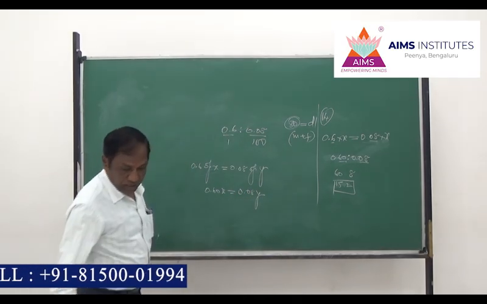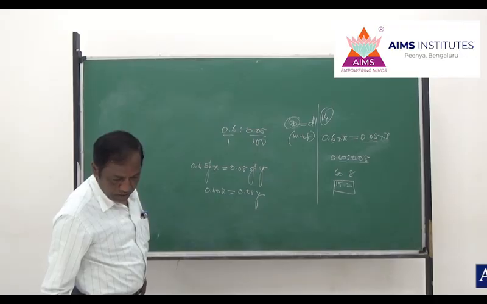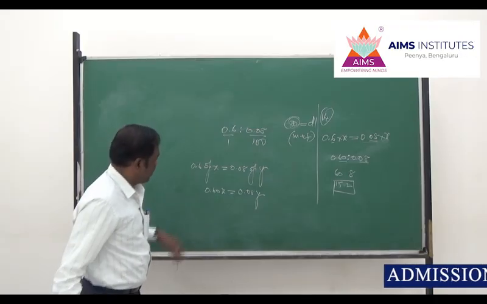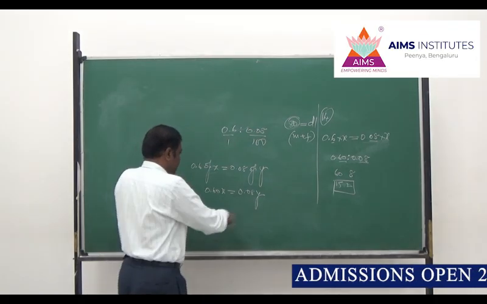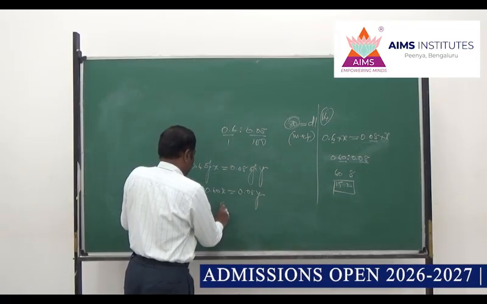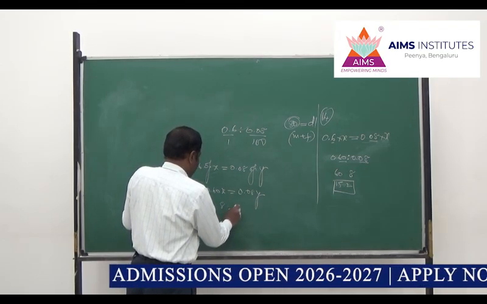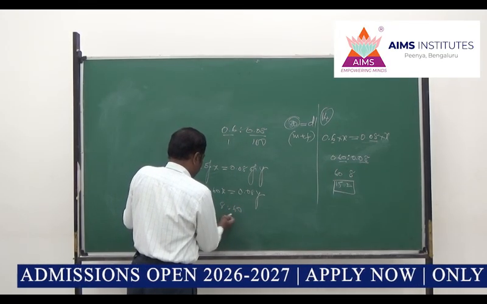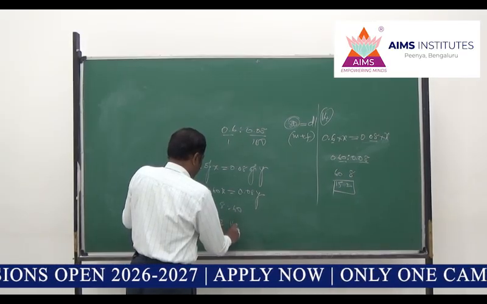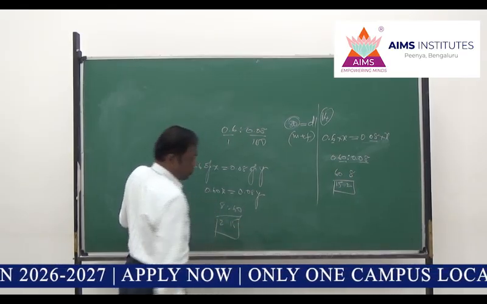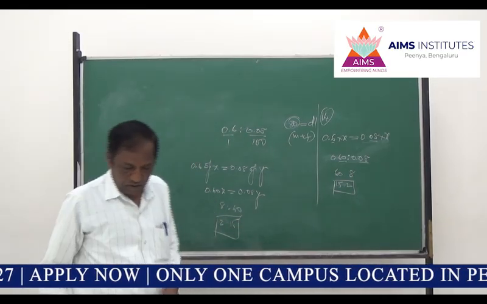What is the question? What is the ratio of the numbers? x is to y. You can shift it: 8 is to 60. Four 2s are 8, four 15s are 60. So 2:15. Now you make it like that.